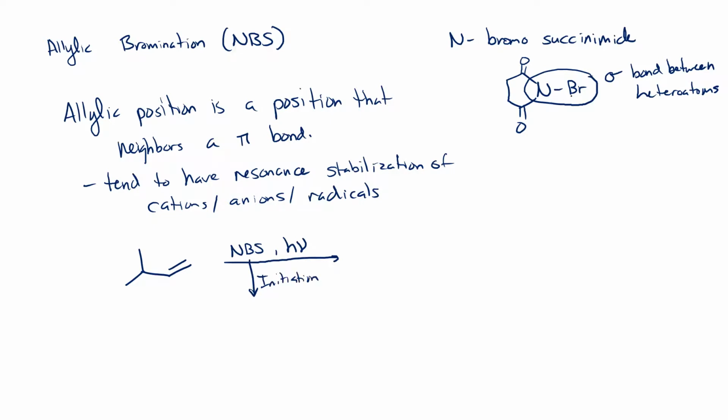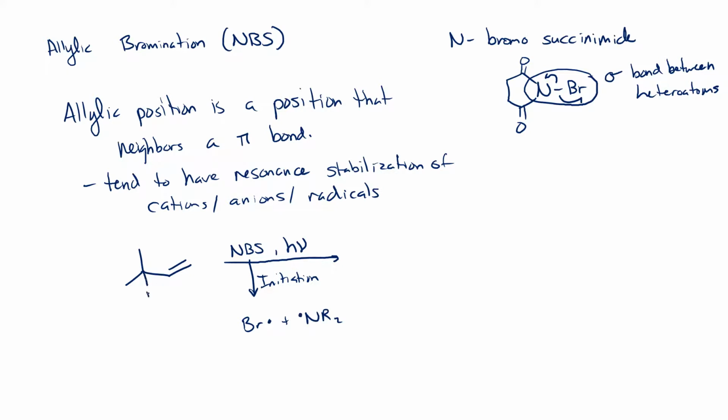The nitrogen-bromine bond will undergo homolysis, radical, radical, right? And so what we'll get out is a bromine radical, and we're going to get out the nitrogen radical. I'm just going to abbreviate this a little bit. I'm going to say there's 2 R groups attached to that nitrogen, and we have a nitrogen radical there. Right? So, fine.